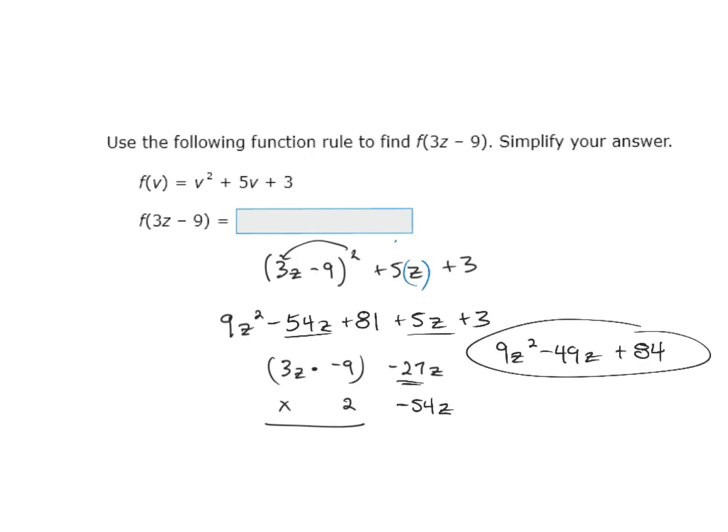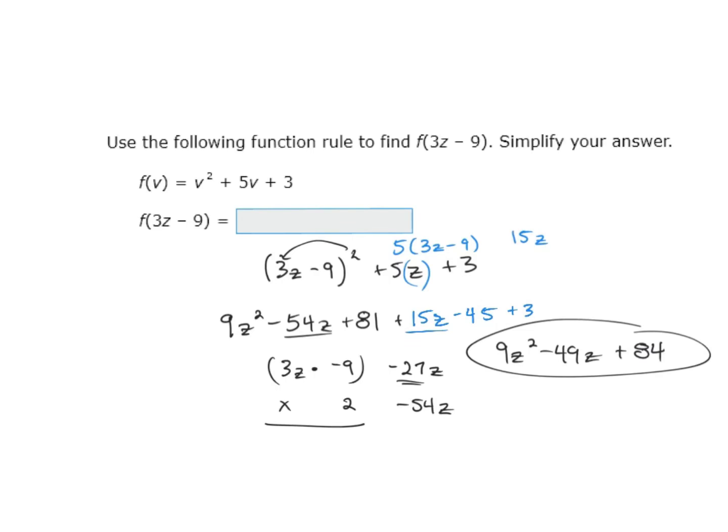So really this should be 5 times 3z minus 9, which would have given me a 15z here. Let's just erase that. It would have given me, yes, very good, 15z minus 45, again, plus the 3.